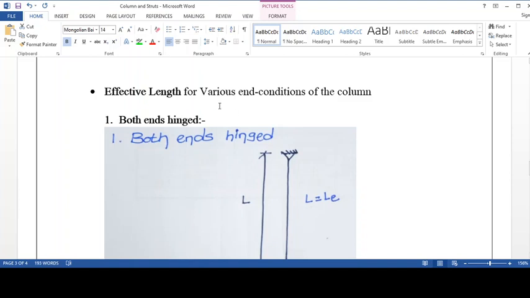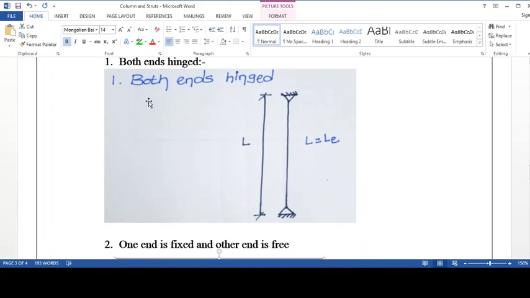Let's see the end conditions of the column. Number 1, both ends are hinged. Effective length is equal to normal length when both ends are hinged.